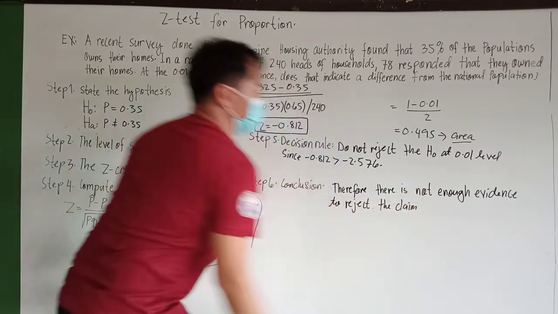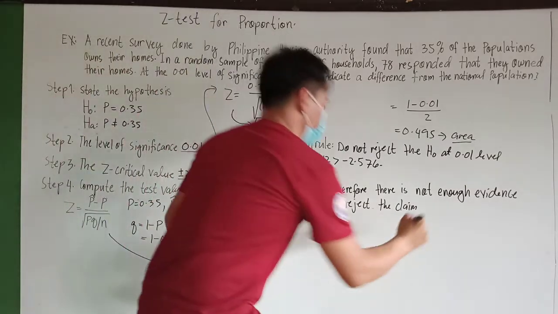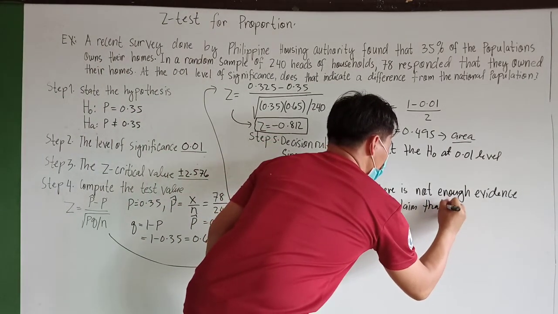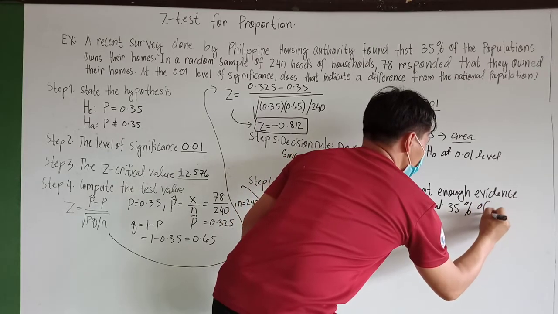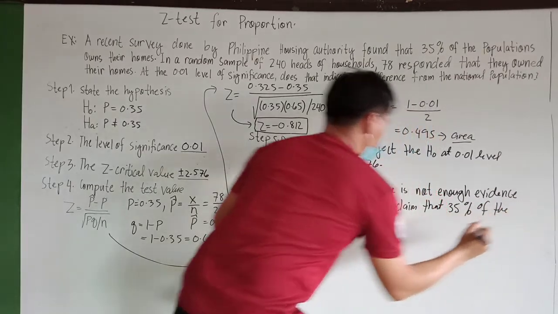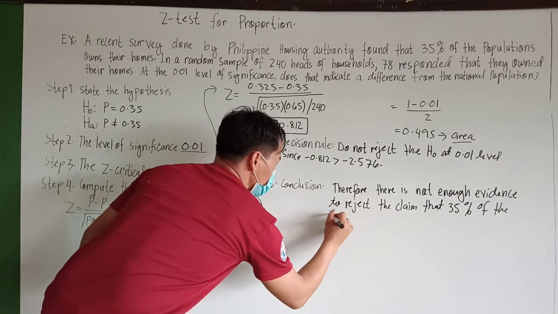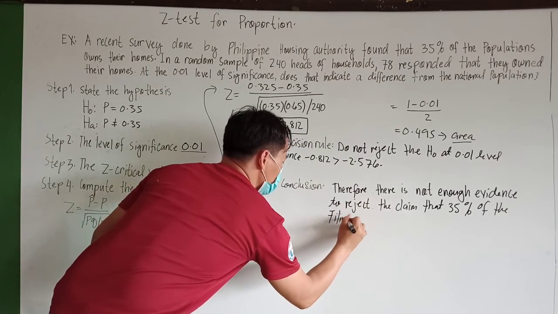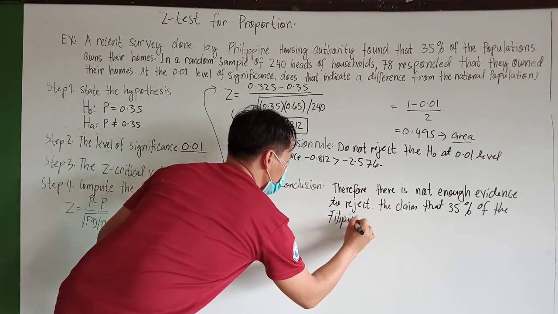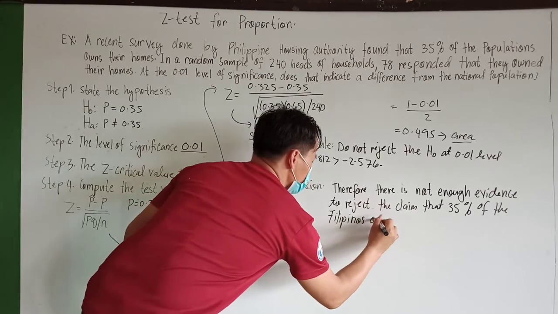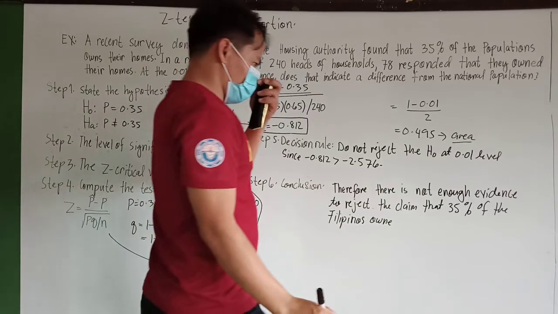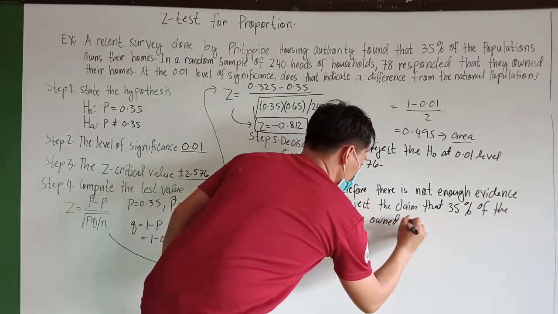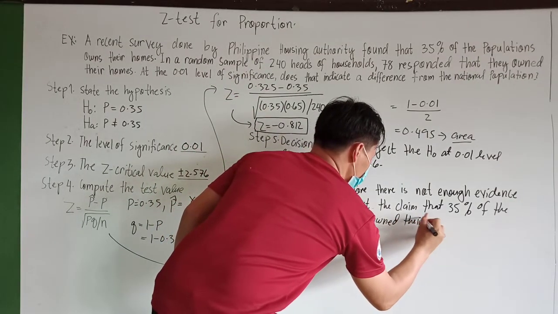And what was the claim? That 35% of the Filipinos own their homes.